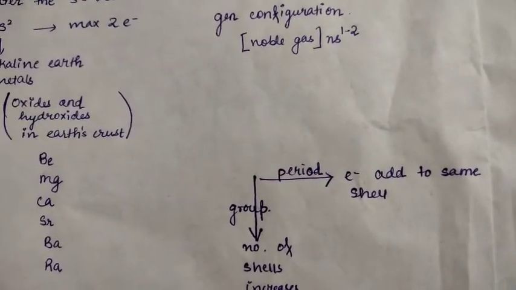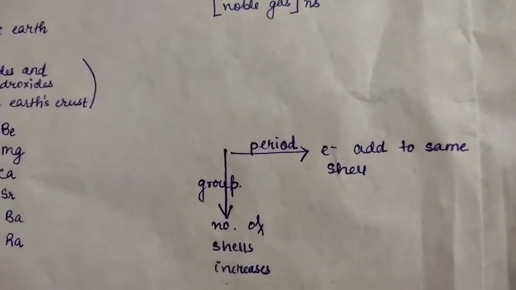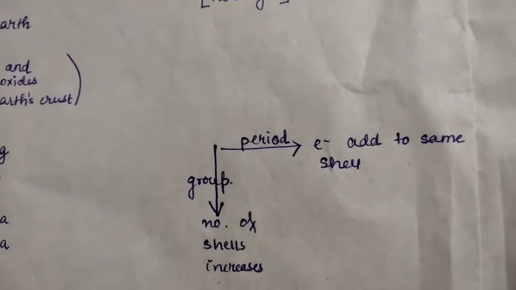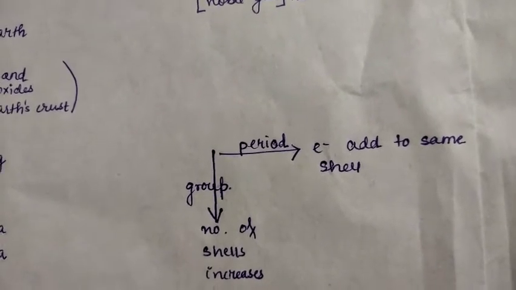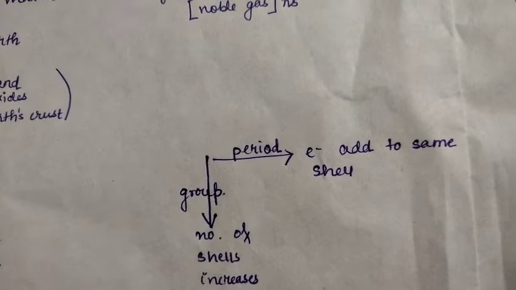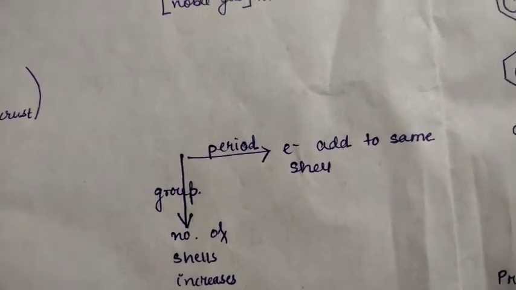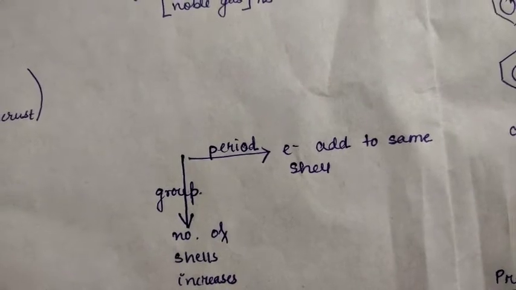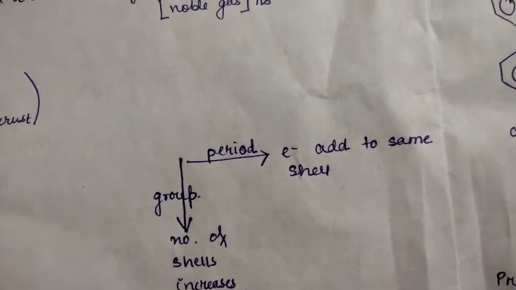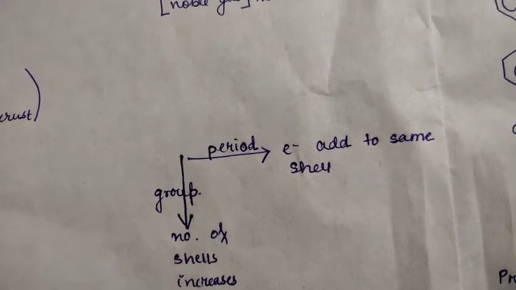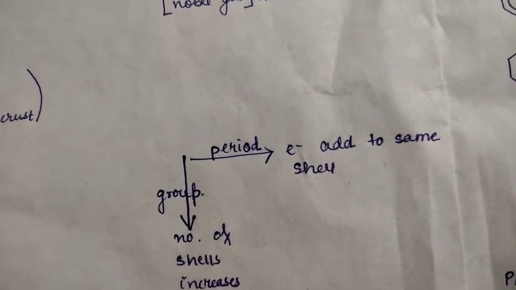Another thing you have to keep in mind is the period and the group. When we talk about a period, all the elements present along the period horizontally, what happens there? The shells do not increase in number, but the electrons go on entering.